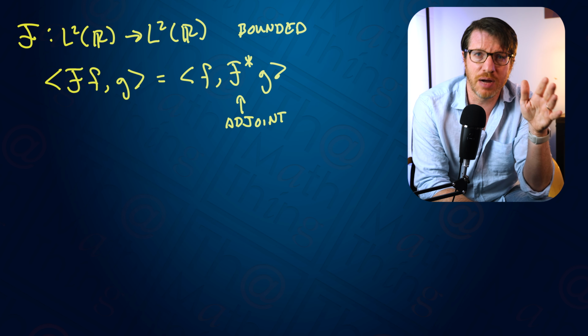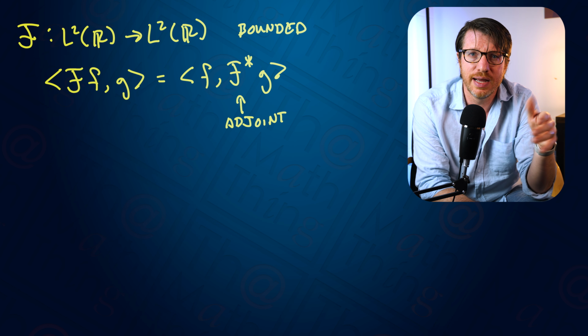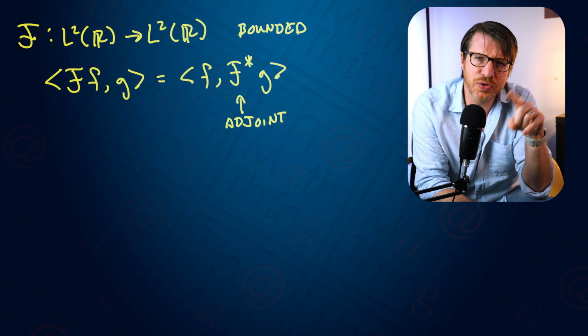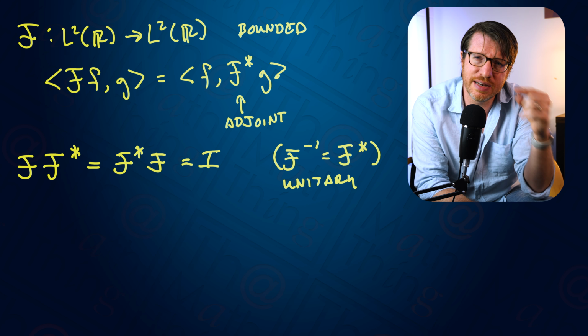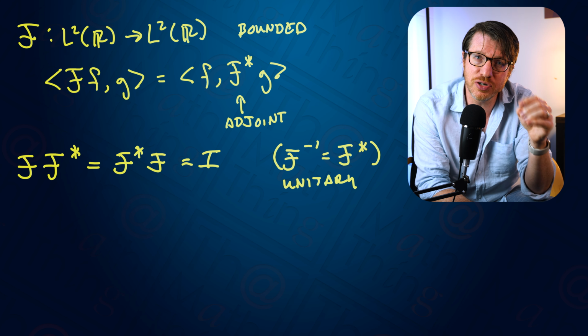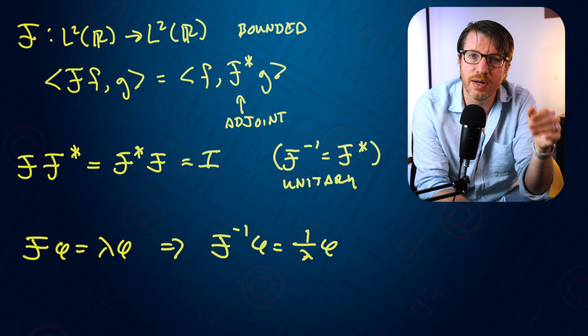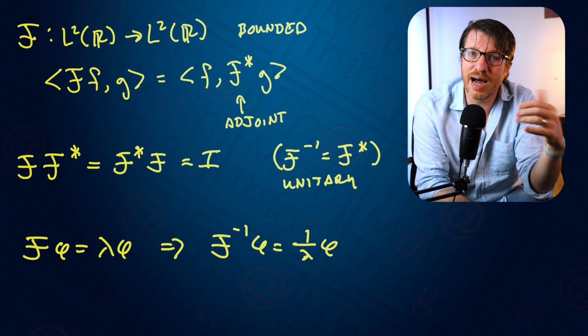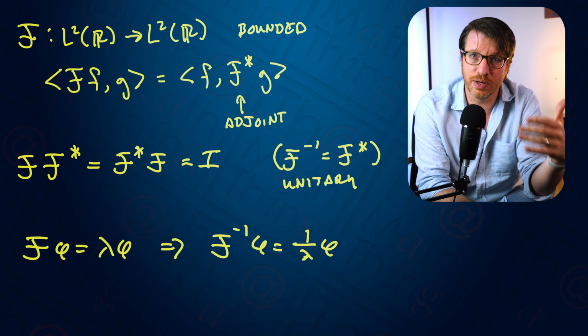Now, every bounded operator has an adjoint like this. However, in this case, the adjoint of the Fourier transform is also its inverse, and this makes the Fourier transform a unitary operator.